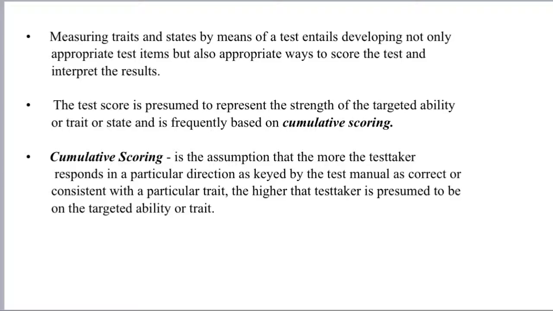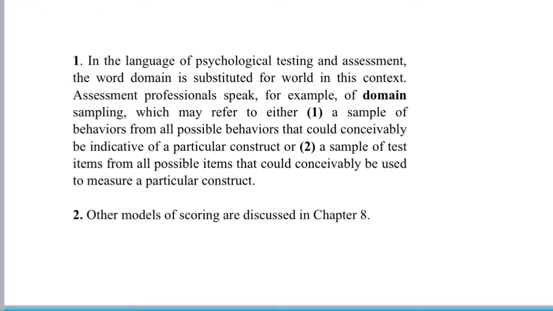So, cumulative scoring is the assumption that the more the test taker responds in a particular direction as keyed by the test manual as correct or consistent with a particular trait, the higher the test taker is presumed to be on the targeted ability or trait. In the language of psychological testing and assessment, the word domain is substituted for the word trait in this context.